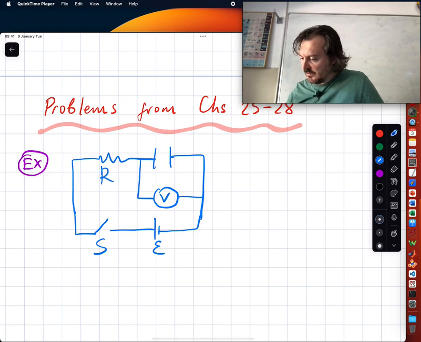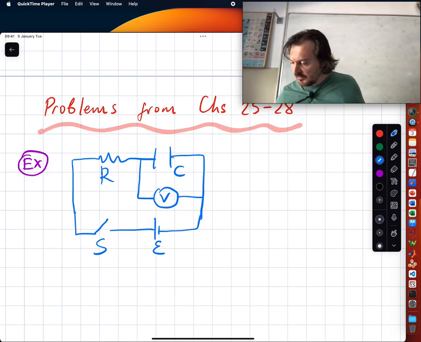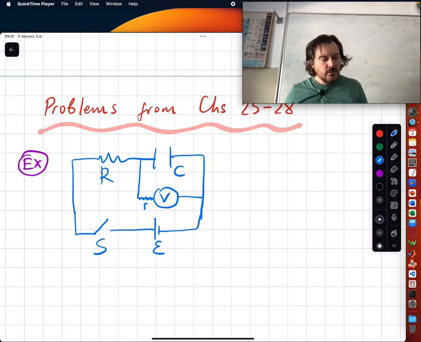So this is an RC circuit and there's a voltmeter. A voltmeter of internal resistance R. So the voltmeter itself has an internal resistance of R. It is used to measure the voltage across the capacitor after the switch S is closed at t equals 0.